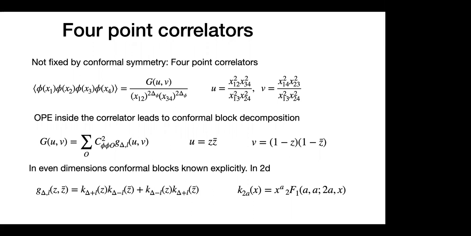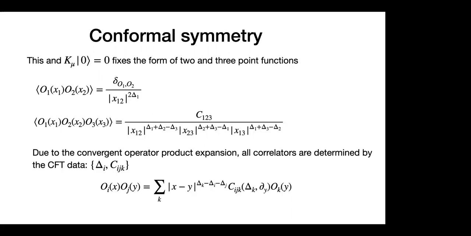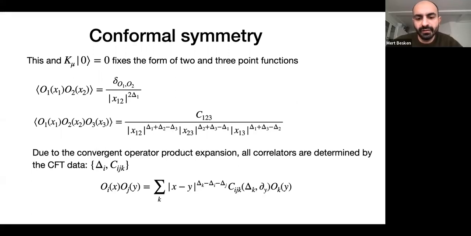Can I ask a question? Yeah. Well, if the two different operators are at the same position, then we can't use this OPE. Yeah, true. So this OPE tells you how the approach is described. It is described by this guy here. So we are interested in correlators at non-coincident points, basically, and that's what I mean by correlators.